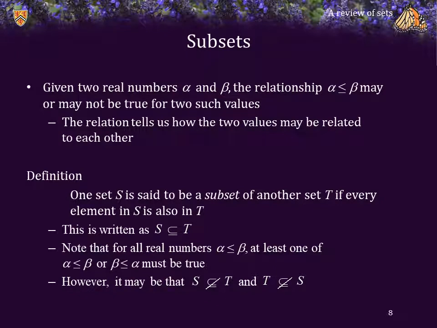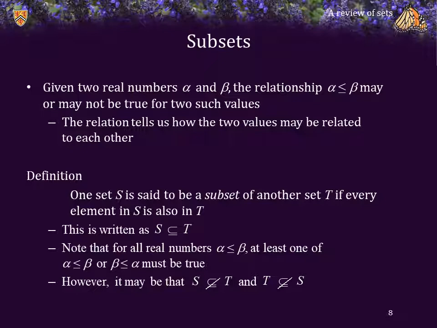For example, the set of all positive real numbers is not a subset of all real numbers on the interval from -1 to 1. Why? Because 7 is in the set of all positive real numbers, but it is not in the interval -1 to 1.